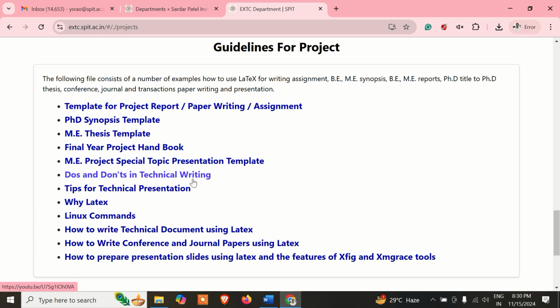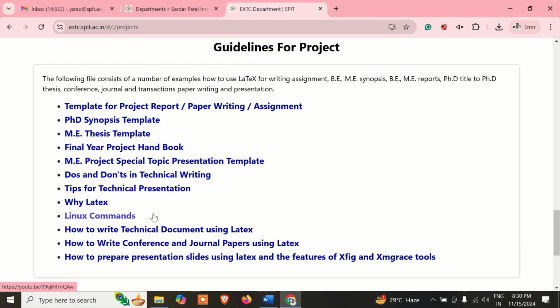Similarly, while writing technical reports, what are the do's and don'ts? And while giving the presentation of a project, dissertation, or thesis, what are the presentation styles and how to prepare the slides are mentioned in these videos. So video links are provided.